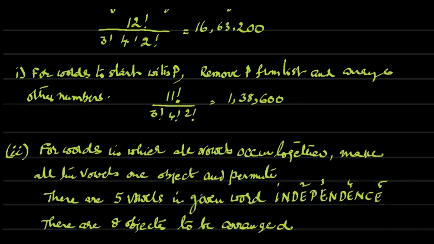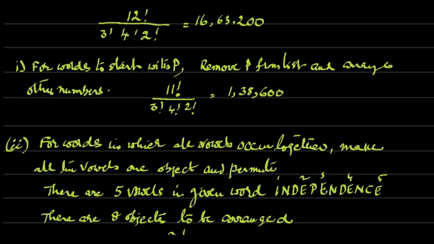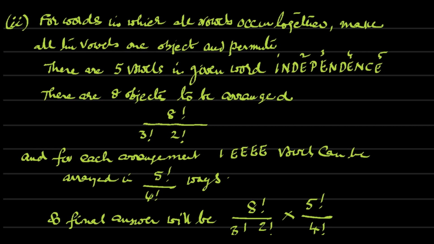Now, coming to the sub-questions, for words to start with P, from all those 12 letters, remove P and put it in the first place. The remaining can be arranged in 1,38,600 ways. All these words start with P because we removed P and arranged the remaining 11 letters.